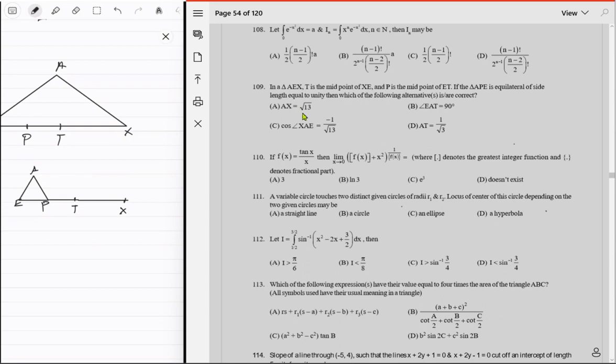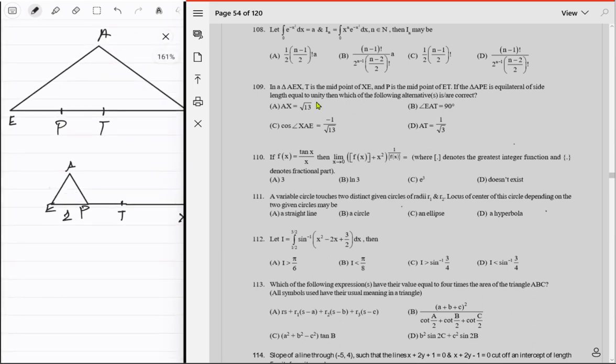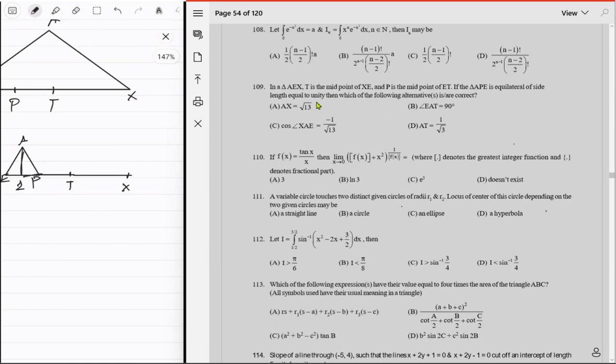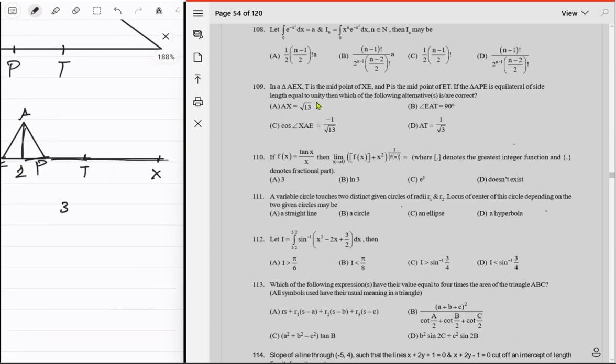So the following alternatives are correct. Ax is equal to root 13. Wait, क्या है? Length equal to unity, just one over there. Okay, this is also like, yeah, because root 3/2 is this height. Just 1/2 है, फिर ये चीज just 1 है, ये चीज क्या है? 2. So just 3 plus 1/2, which is 3.5. क्या पता है इसका? 7/2 comma root 3/2.